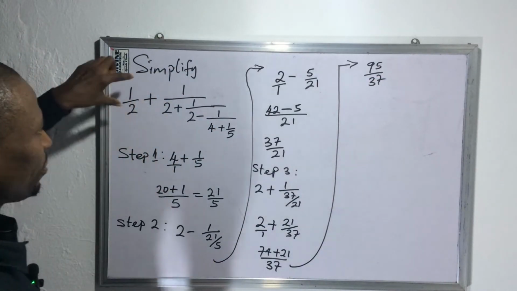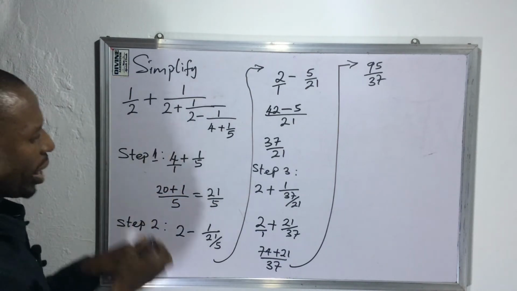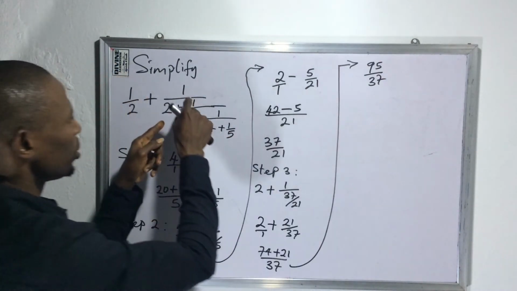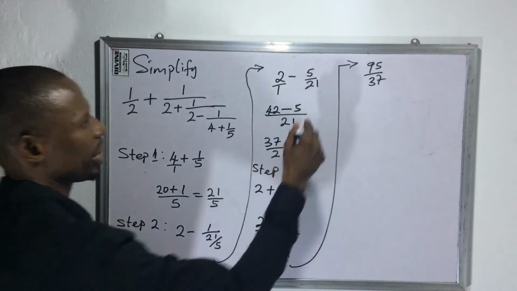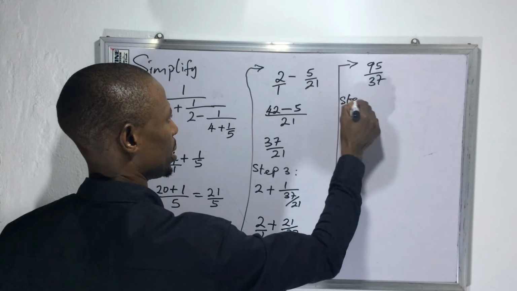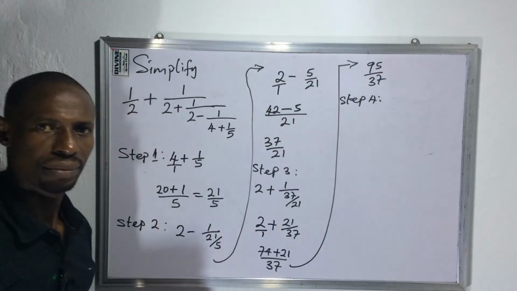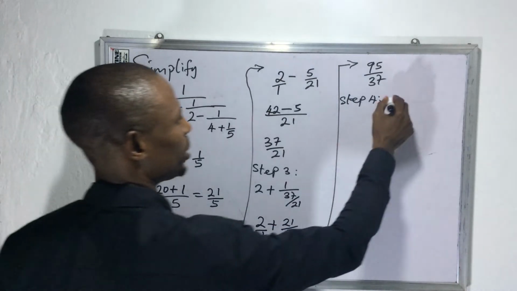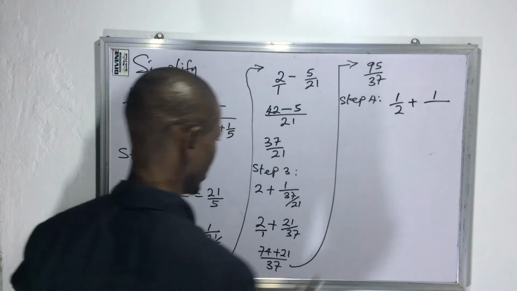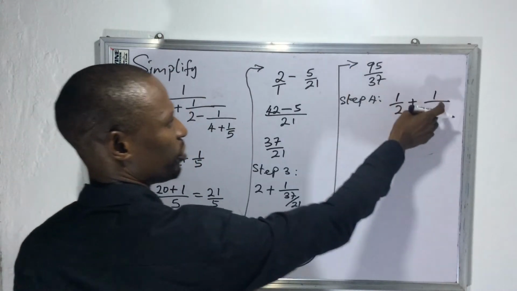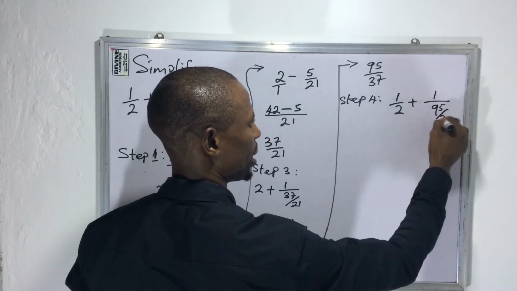That takes us to the final stage of the expression. We bring the whole of this in place of this. This leads us to step 4. We now have 1 all over 2 plus 1 all over everything we have here, which is 95 all over 37.